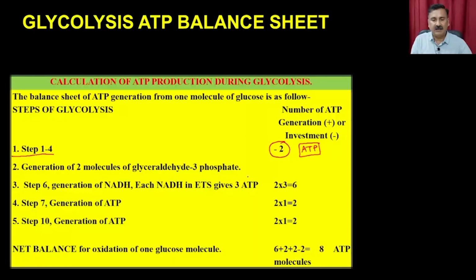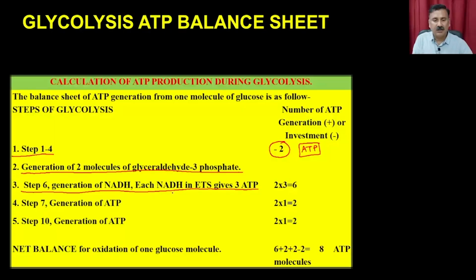After that, there are multiple steps of energy production. Since 2 molecules of glyceraldehyde 3-phosphate are generated, all these are doubled. Then in step number 6, there will be generation of NADH, and if you send the NADH into the electron transport chain, it will produce 3 molecules of ATP.